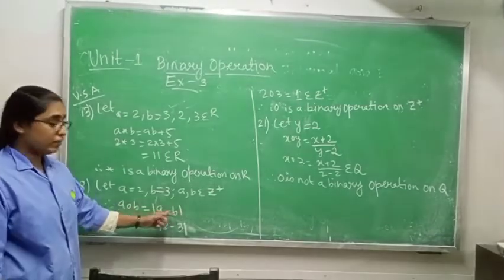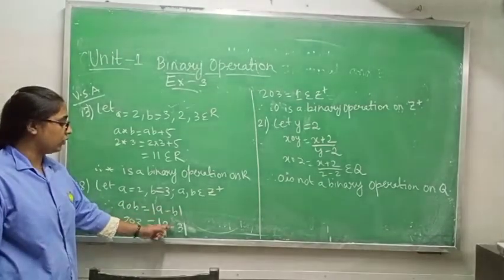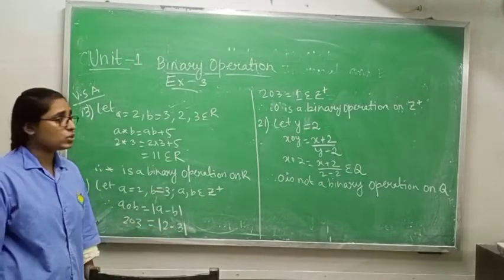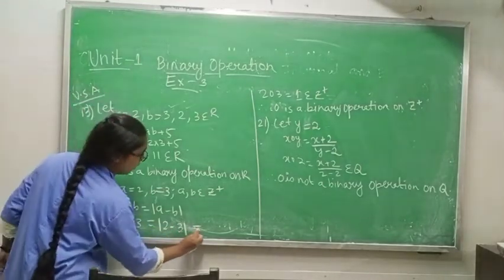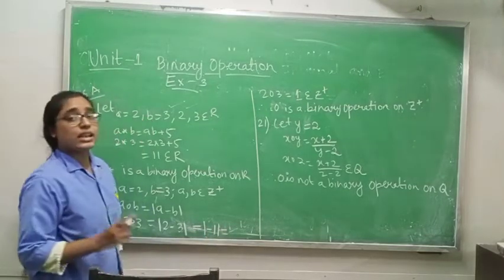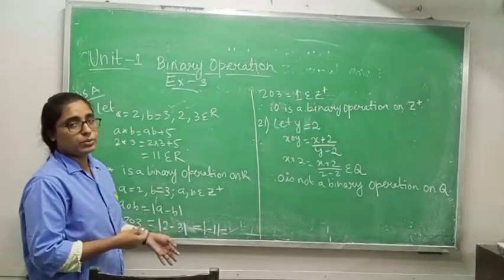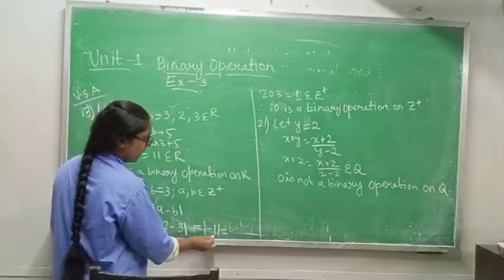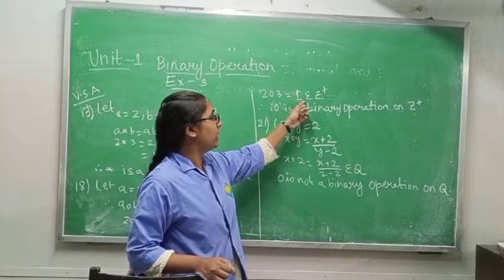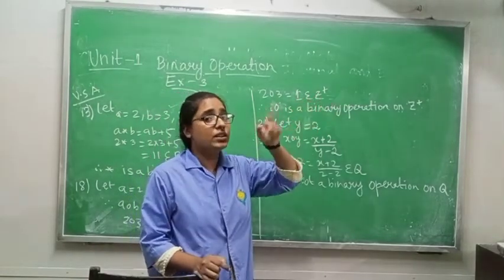Again mod, in place of A you will write 2, in place of B you will write 3. 2 minus 3 you will get -1, but since you have mod, the minus sign will be removed, because it is the work of the mod to remove the minus sign. So when it is removed, 2 circle 3 will come 1, which belongs to Z plus.